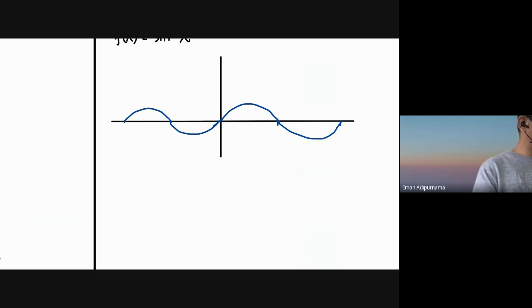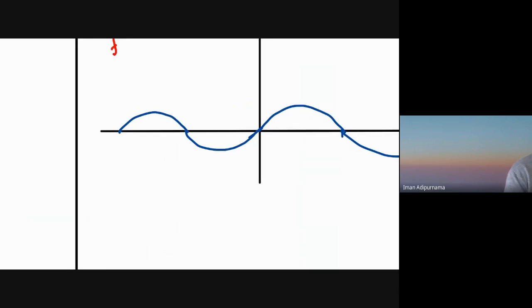If we look at the gradient, then we can say that we need to check all the slopes at which the sine x will have a horizontal tangent.